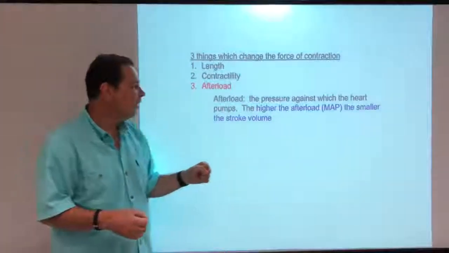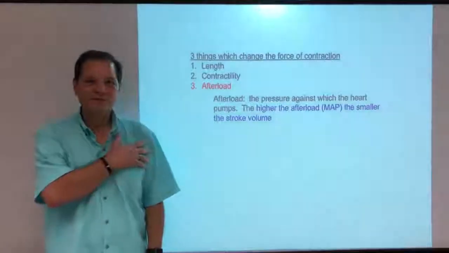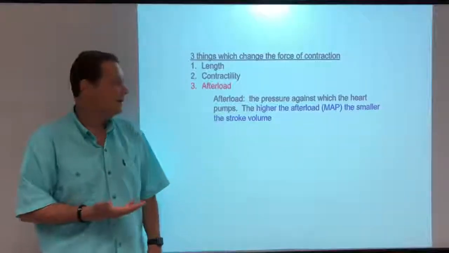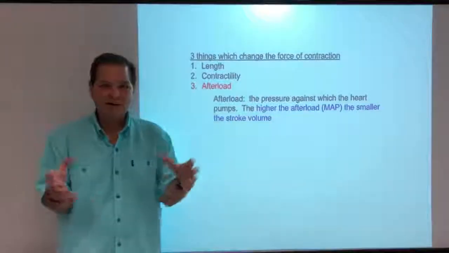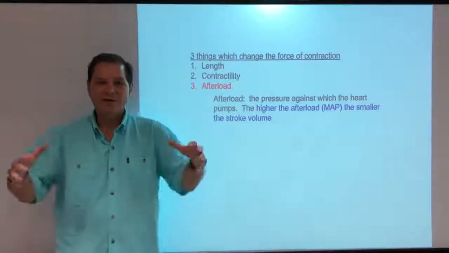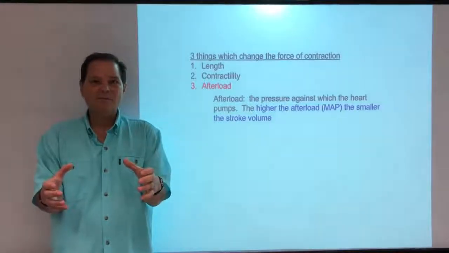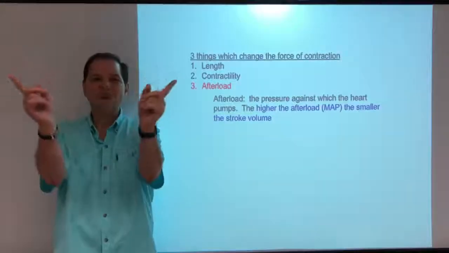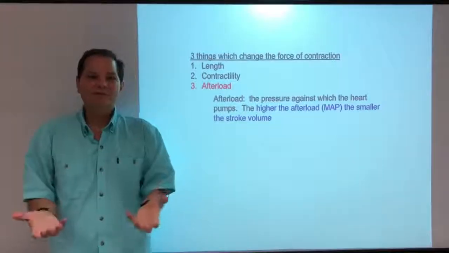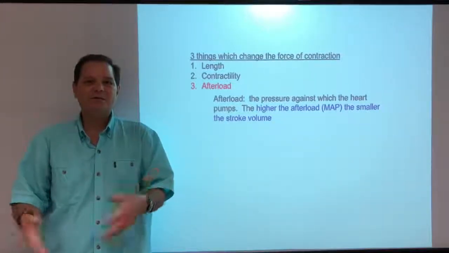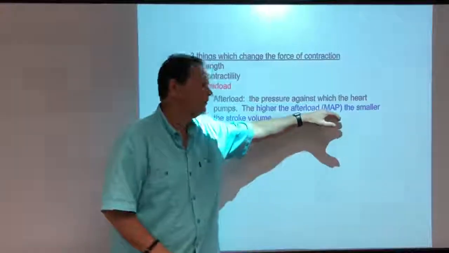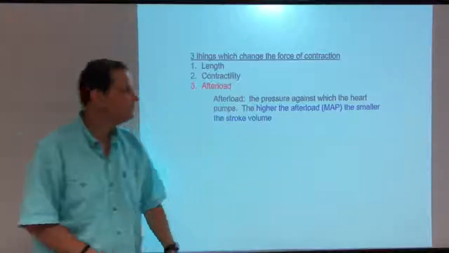So in terms of the heart, if I increase the afterload, let's say if I have high blood pressure, then that's going to decrease my stroke volume, because my stroke volume is dependent upon how much the heart muscle contracts. Decreased contraction of the heart muscle, decreased ejection of blood, because you have a decreased stroke volume, decreased cardiac output, decreased mean arterial pressure. Okay?